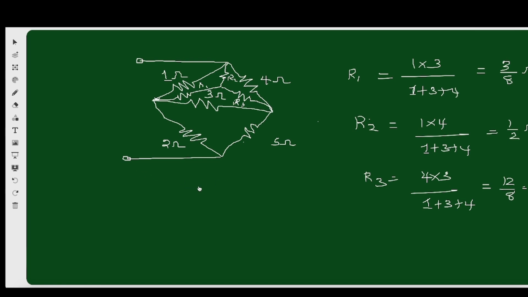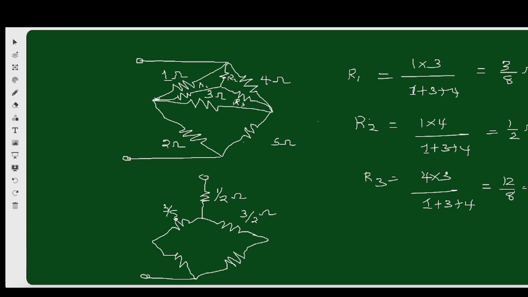If I redraw the circuit, I will have 1/2 ohms here, this is R2, 3/2 here, and 3/8 ohms here, then this is 2 ohms, this is 5 ohms.